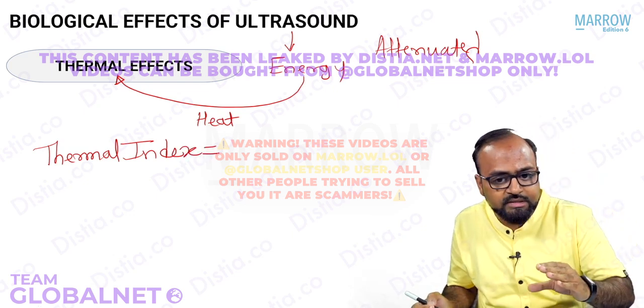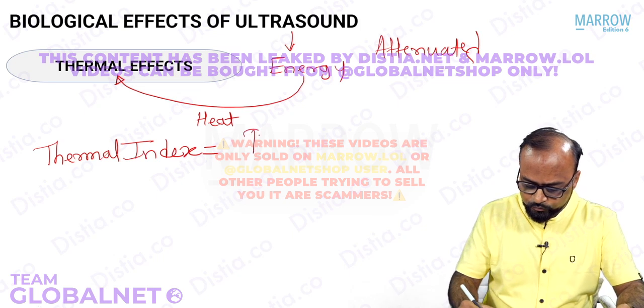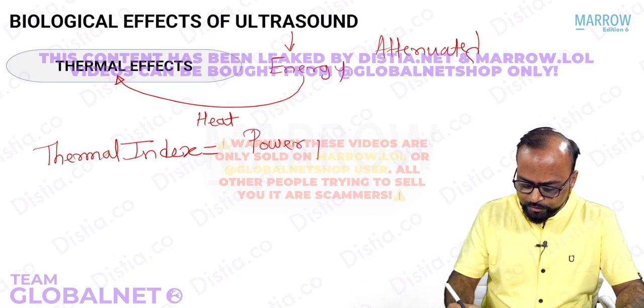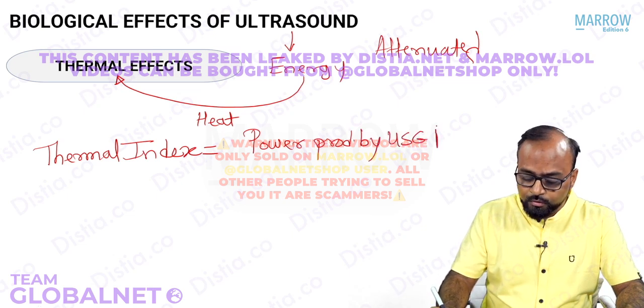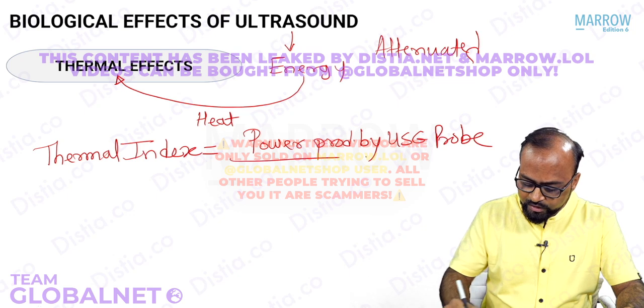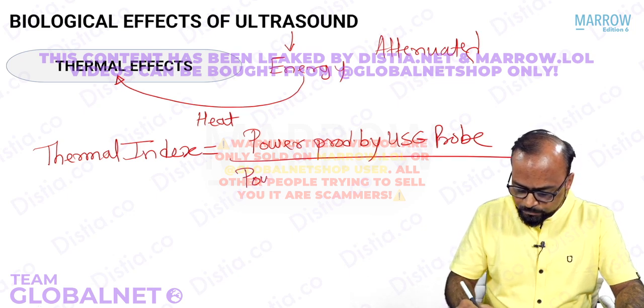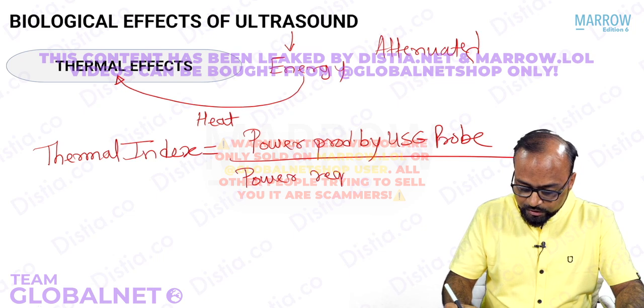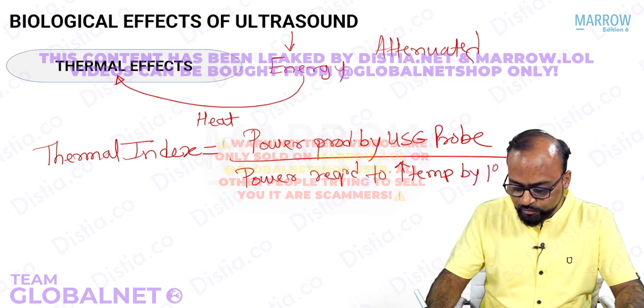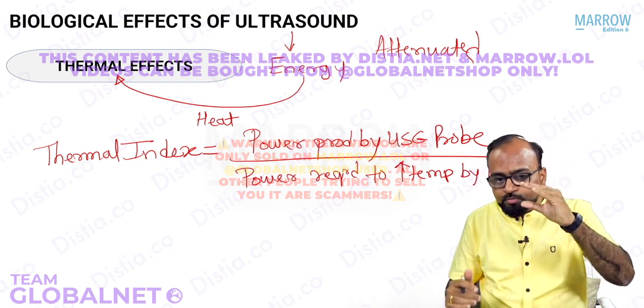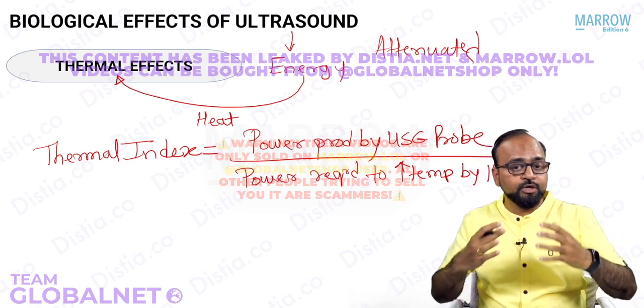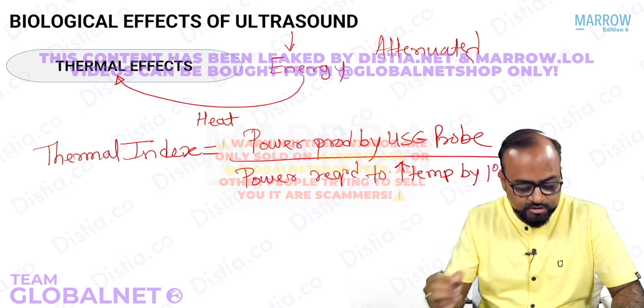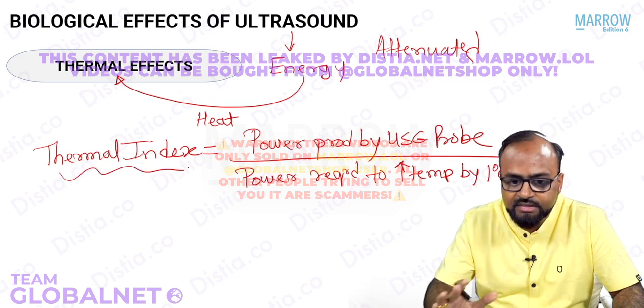This thermal index is the ratio of power produced by the USG probe divided by the power required to increase the tissue temperature by 1 degree Celsius. So power produced by your probe right now divided by power required to increase the tissue temperature by 1 degree Celsius. This is called the thermal index.